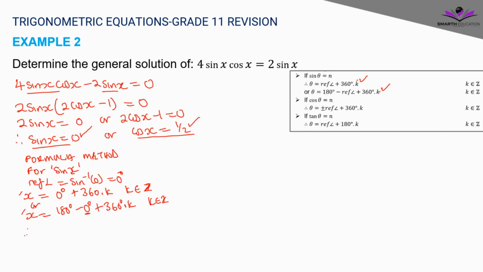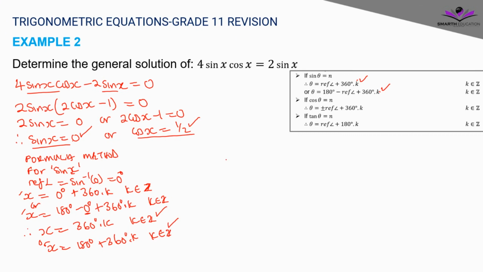So we have x is equal to 360 degrees times k, where k is an integer, or x is equal to 180 degrees plus 360 degrees times k, where k is an integer. Now that is for sin x. We have to write all of them at the end.